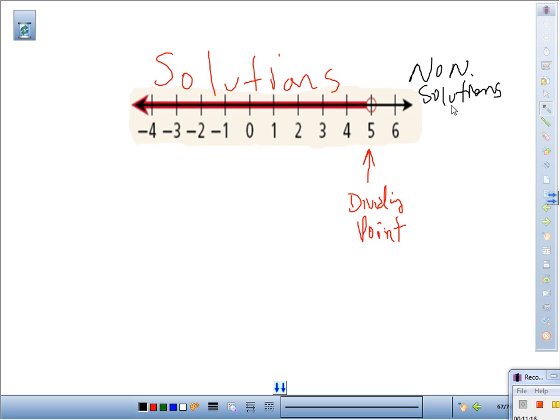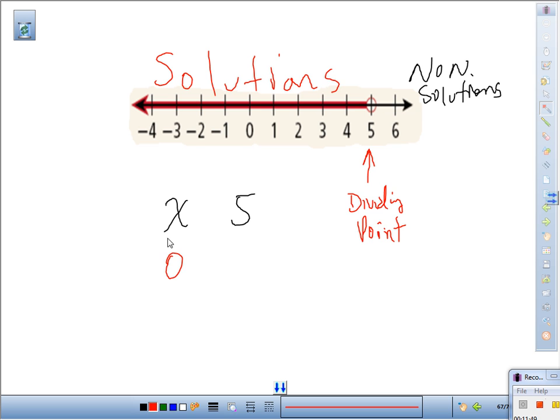All right, let me refresh your memory as to how to write an inequality from a graph. Here it goes. First, we need a variable. I'm going to use x. Next, we need the dividing point. What's my dividing point? 5. To find out which direction the arrow points, we need to check a point or test. So, which number do you want to use from the solution set? All right, let's use 0.